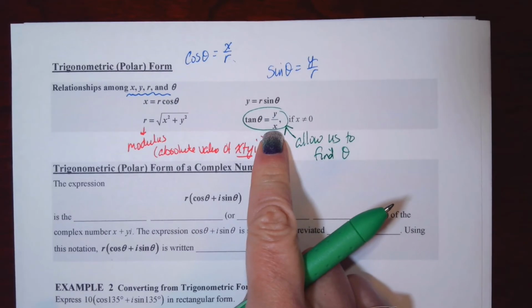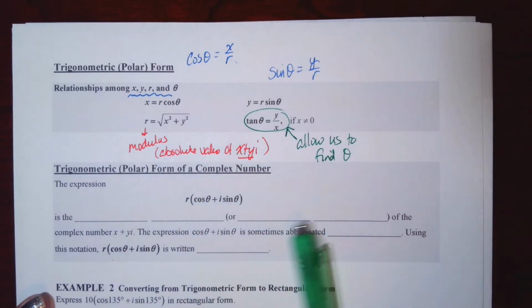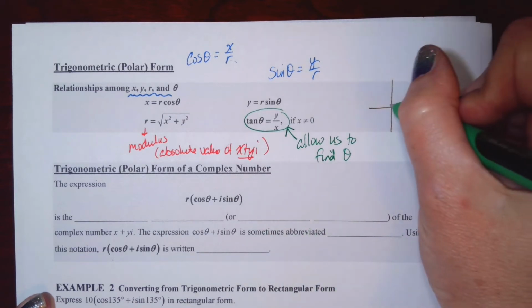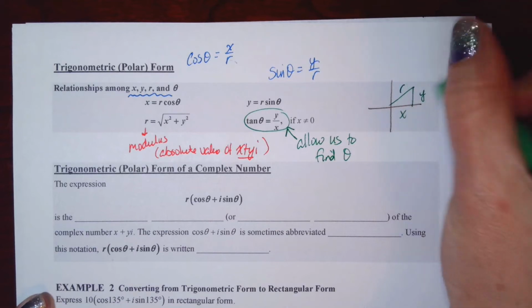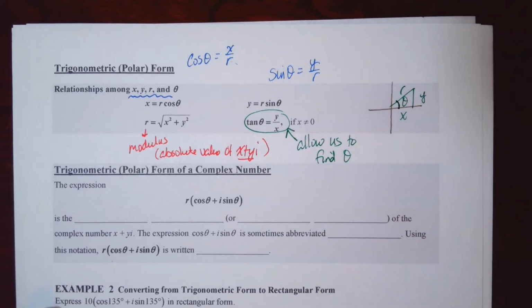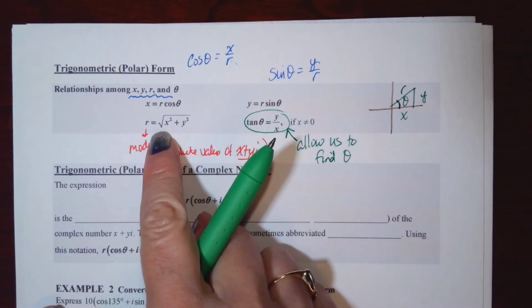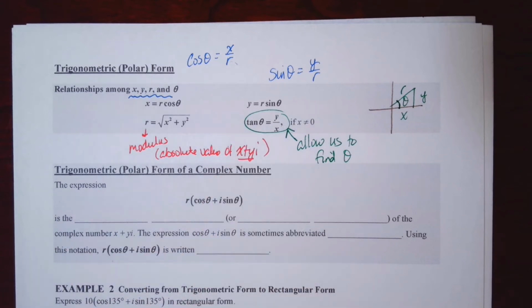This relationship y over x being tangent allows us to find theta. So remember, keep in mind that our sketch of our angle in standard form, we've got x, we've got y, we've got r, and this is our angle theta. So when we know x and y, that's what we're starting with, we use it to find r, and we use it also to find our value for theta.